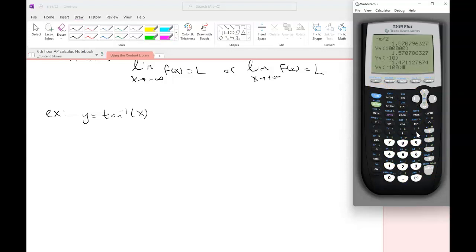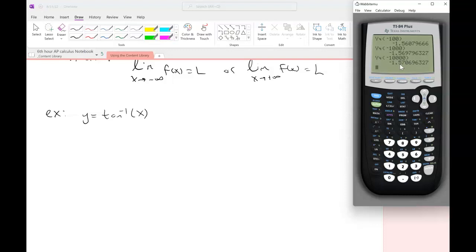I put my function, tan inverse of x, into y4, because I had some other stuff in there. And then I did y4 of 100, and of 1,000. Does it seem like we're settling down to something? So it's definitely slowed down the change, right?